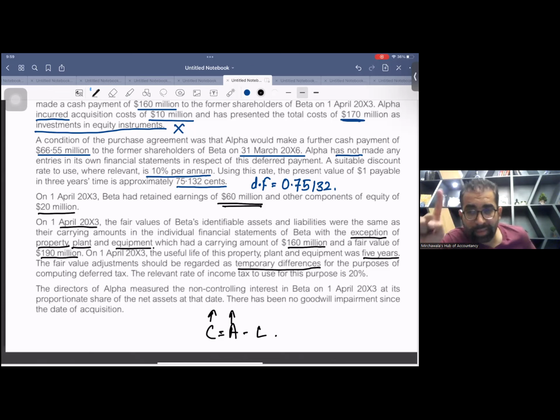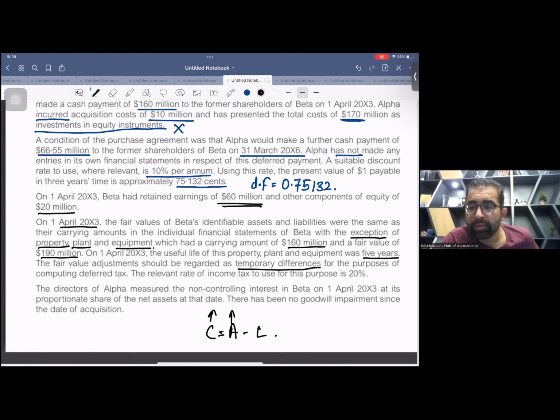But yes, as the value has increased, the tax department said we'll charge tax in future. So you have to pay tax in future. So this is a taxable temporary difference. Hope you remember the rules related to deferred tax on revaluation.